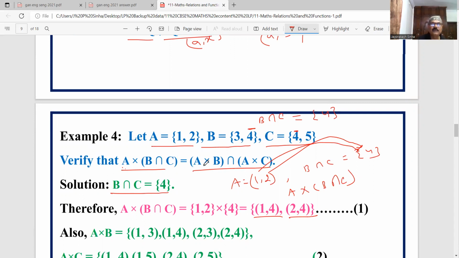So here first of all we'll find A cross B, the Cartesian product of A with B. So this is (1, 3), (1, 4), (2, 3), (2, 4).